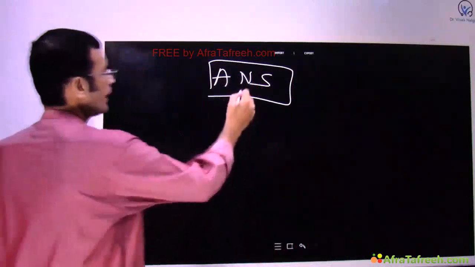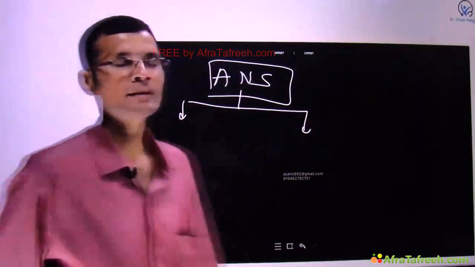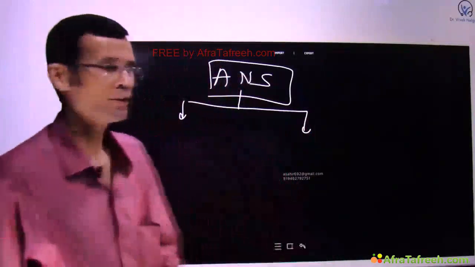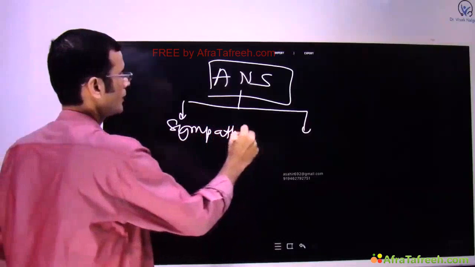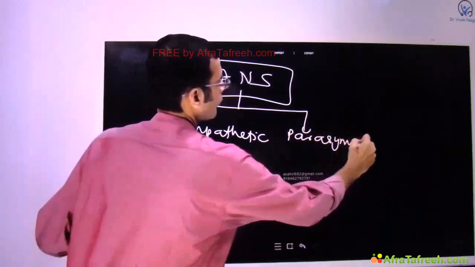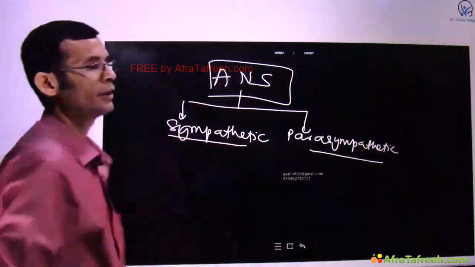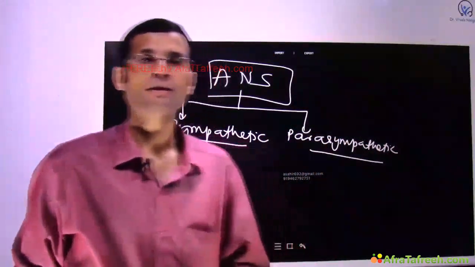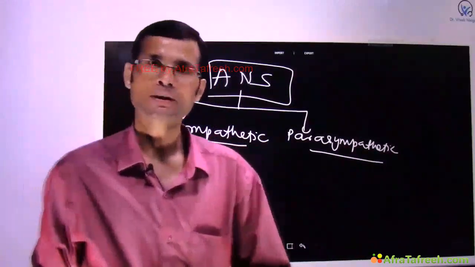Now this ANS has basically two branches, the sympathetic nervous system and the parasympathetic nervous system. At a very basic level, what we need to understand is which functions are controlled by parasympathetic and how, and what are controlled by the sympathetic nerves.